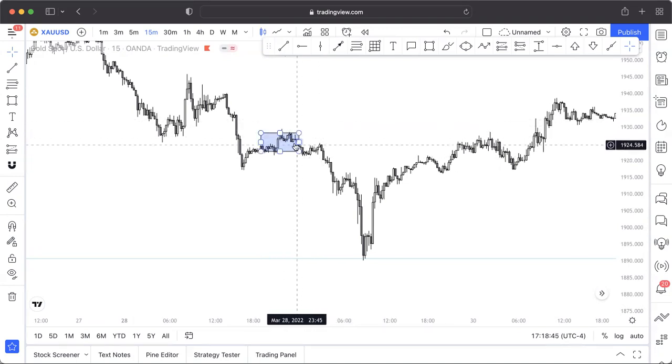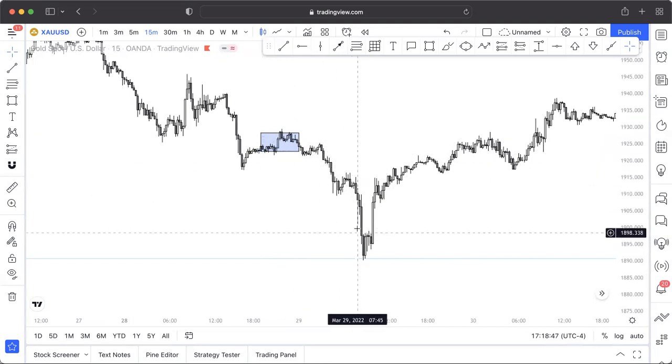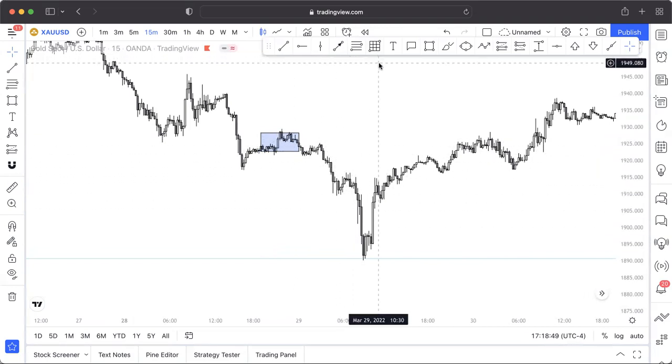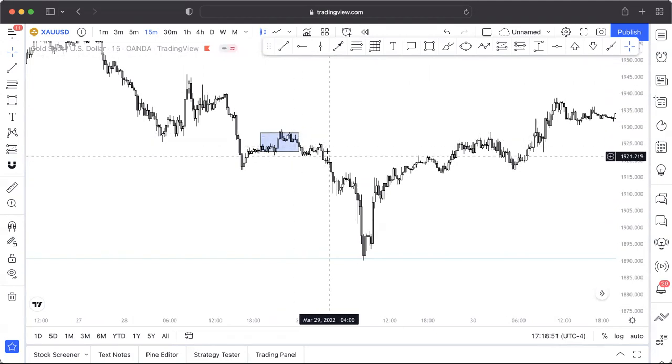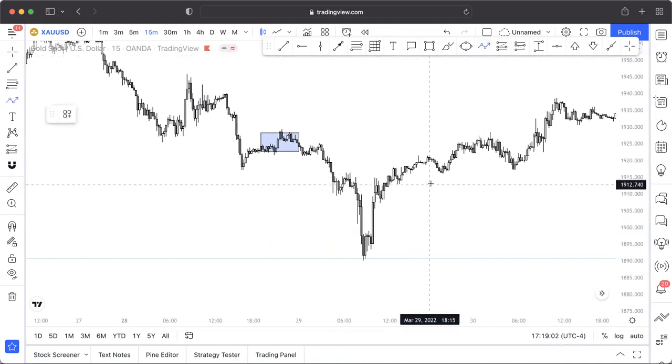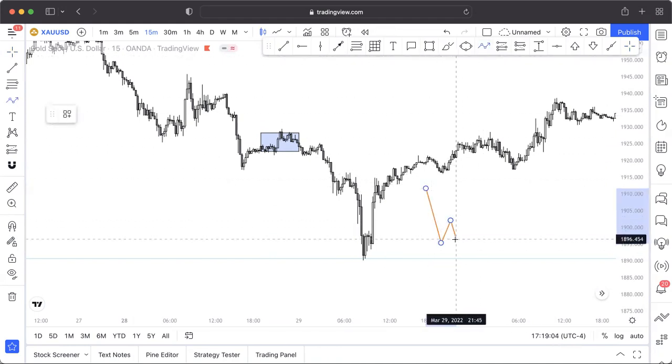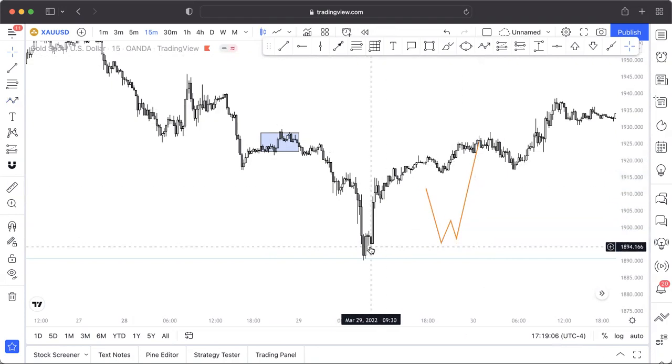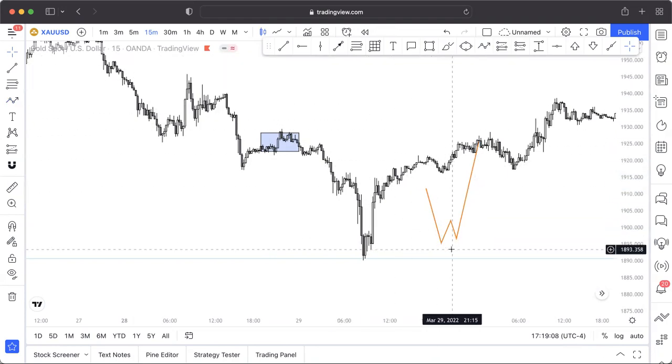So let's say the market drops down heavily in London, and it's pretty much the same thing that happened here. The market was dropping down heavily in London, and here it made the impulsive move, and at the last part where it made the impulsive move, it made this type of pattern on the lower time frame. And we're gonna take a closer look at that on the lower time frame.